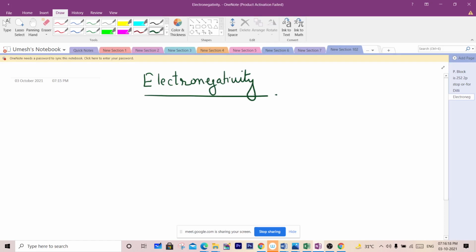The ability to attract electrons. Tendency to attract the shared pair of electrons towards itself, right? Yeah, shared pair. As you go down the group, the size increases, so the attraction will decrease. So the electronegativity decreases as we go down the group.